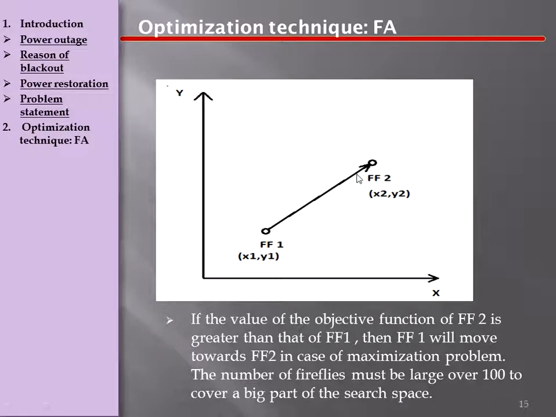For example, if there is another Firefly here which is closer to this one, this will move to the other Firefly because the brightness seen by Firefly 1 is more than that seen by Firefly 2. This is done by using the MATLAB code.